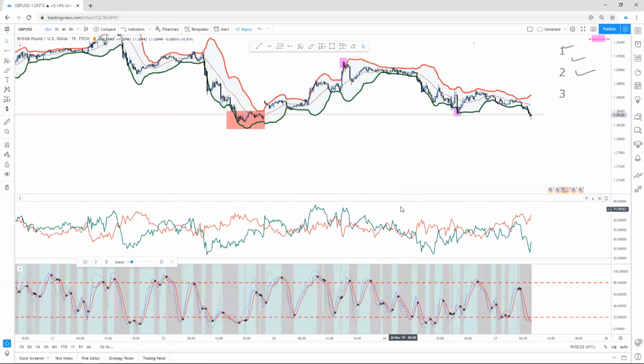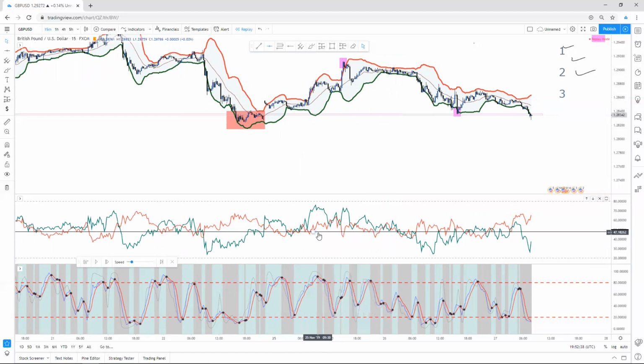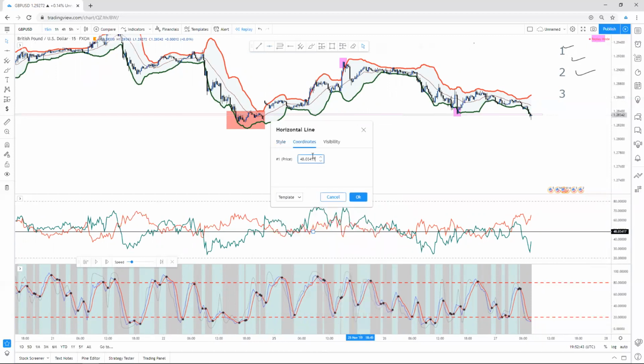And lastly, the last confirmation that we need is a horizontal line. It's not mandatory, but it helps guide you with the half of the chart. So you go to settings, right click on the line, go to settings, coordinates, and then 50. That's all you got to do.